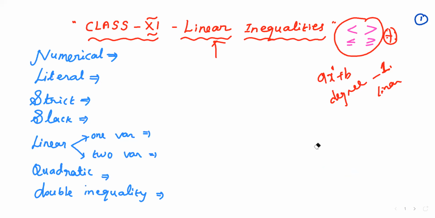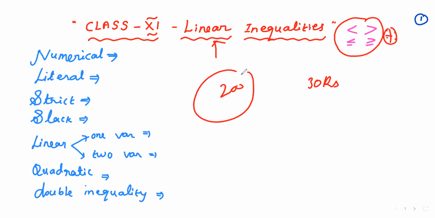But here, when the word inequality came, suppose you are having 200 rupees, and one burger is just 30 rupees. Your mom said, okay, buy burgers for the entire 200 rupees.